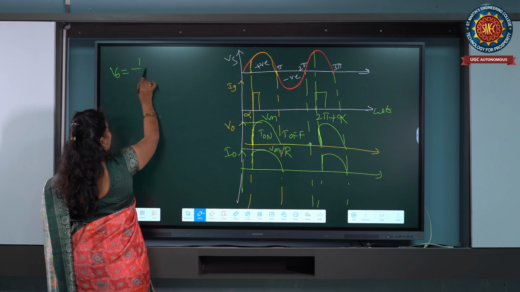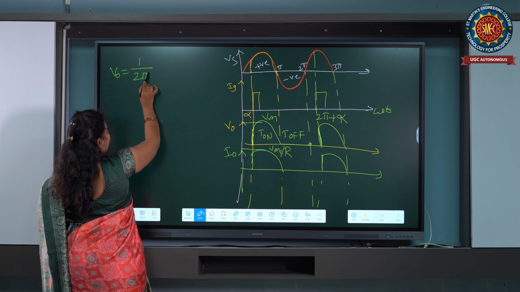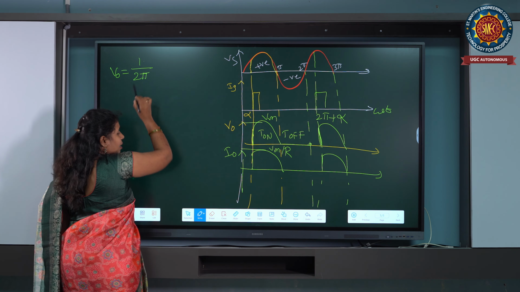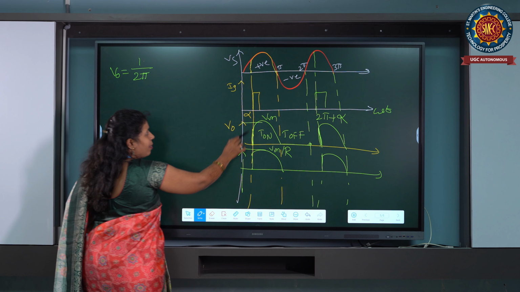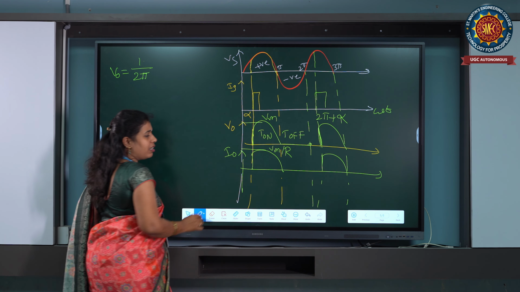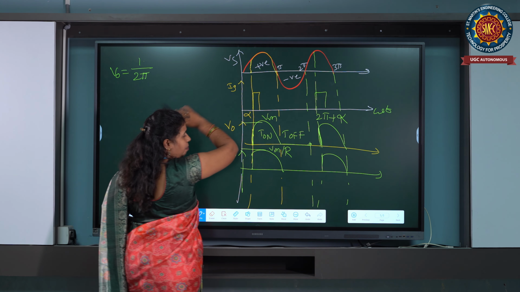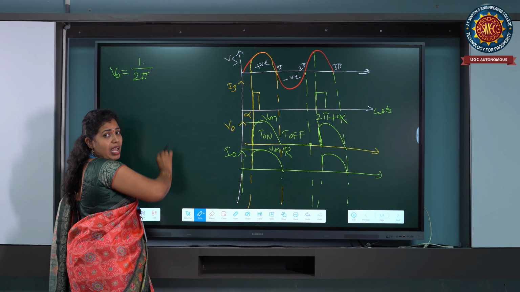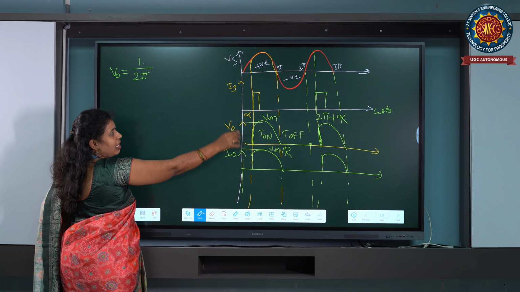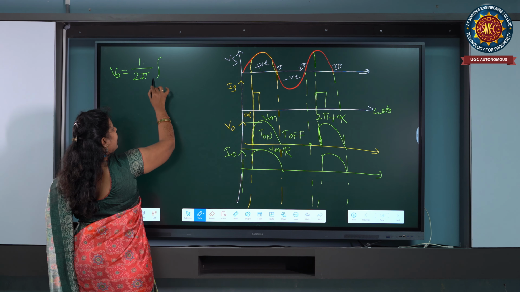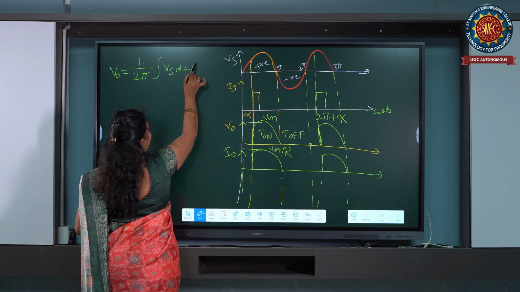For that we take 1 by 2 pi, which is the area by the total base. Here how many waves are we conducting? Only a single wave, the positive one. That's why we take 1, and 2 pi is the total cycle, from 0 to 2 pi. Integration of Vs d omega t.